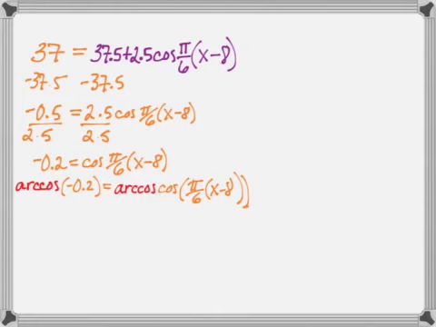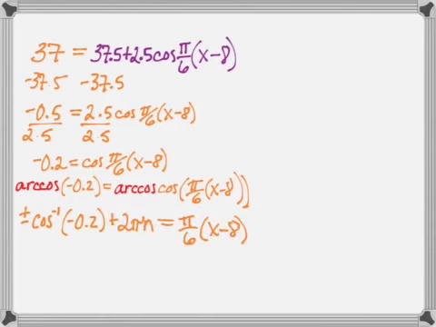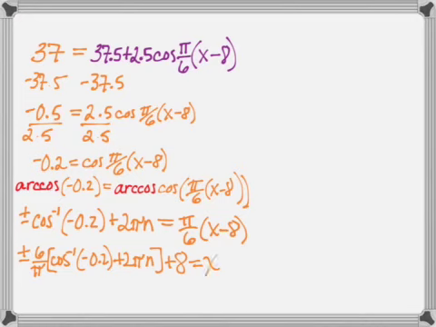And I'm going to be left with arc cosine on the left side, which we defined as plus or minus our cosine inverse plus 2 pi n equals this over here. And now I can keep going. I divide by pi over 6. And I add 8. So I've solved for x.